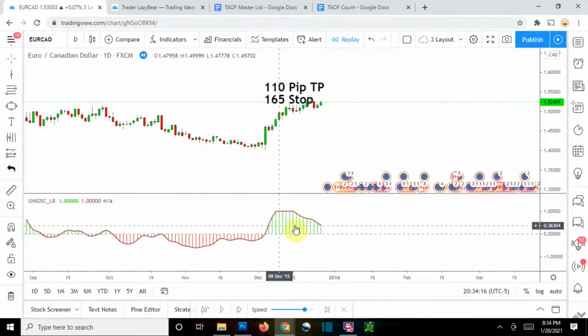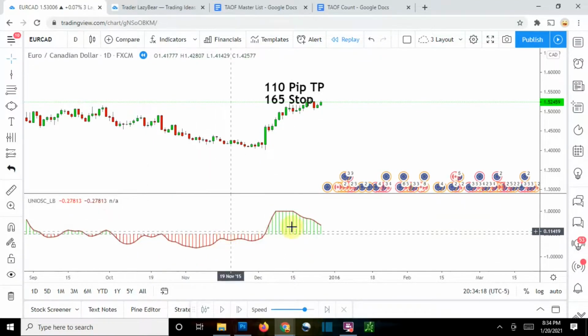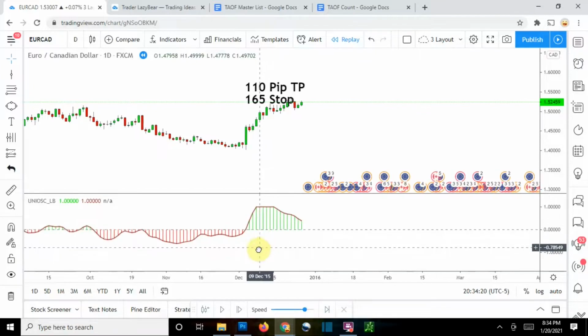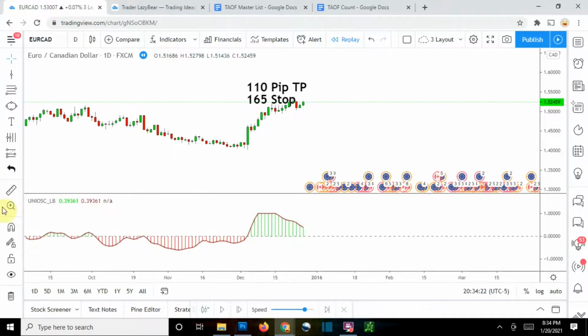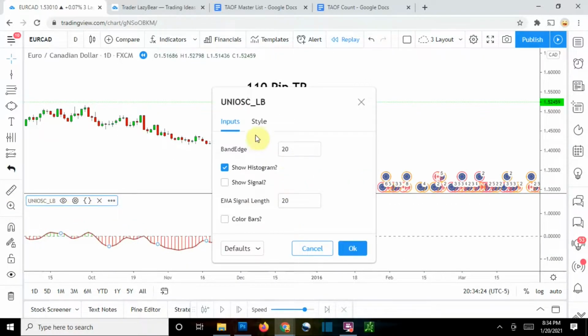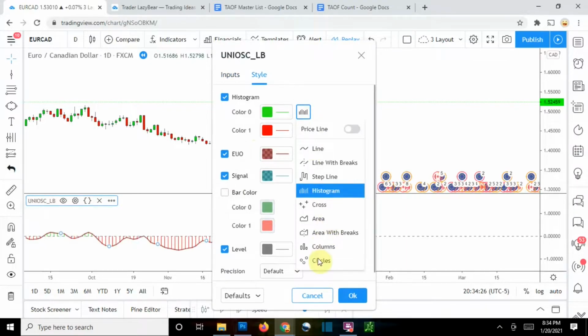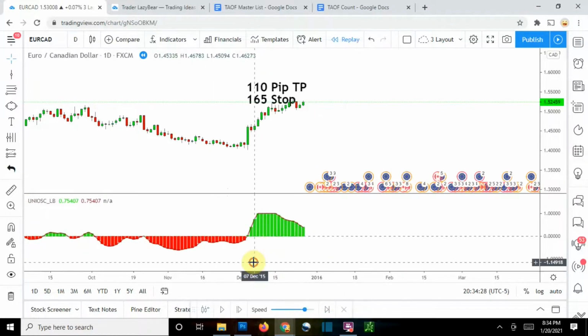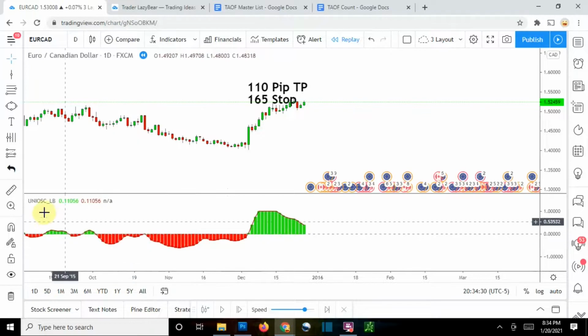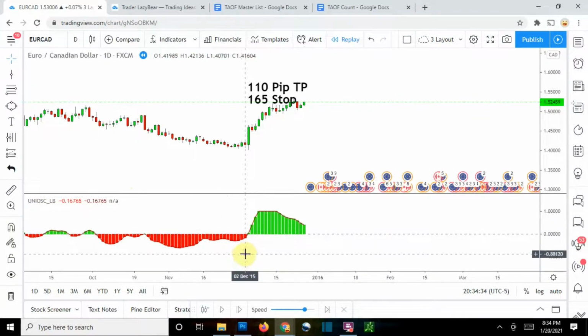Now I did go in and bump up the color opacity and change the color of the histogram just so that it stands out a little bit more. We could probably even turn it into columns instead of just bars, but it doesn't really matter.